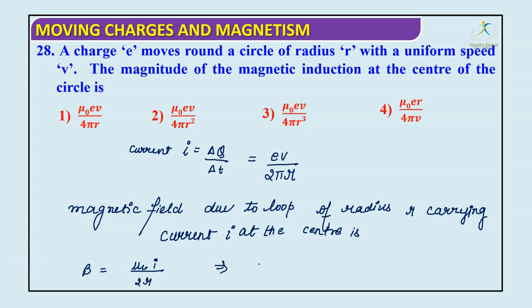So from here, if we put all these values, this becomes ev mu naught divided by 4 pi R square. So from the options we can say the correct option is option 2.